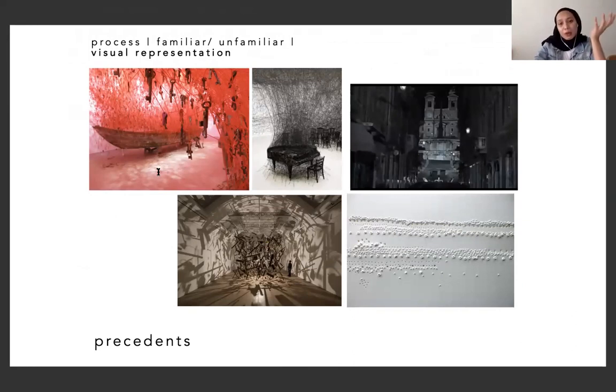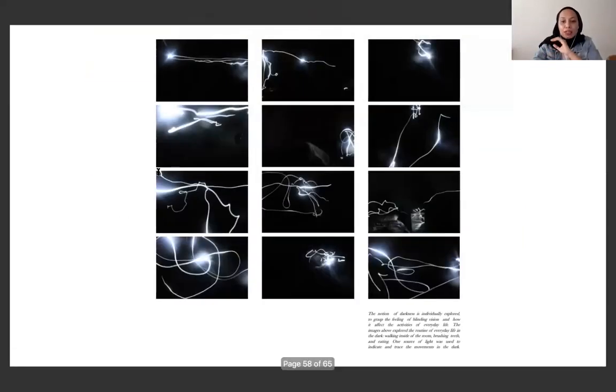So this is the continuation of our narrative to precedent study, and then we experiment on our own, meaning that when your house is in blackout, you start to take the torchlights, and then you explore the notion of darkness, we call it. So this is true. In the dark, we just play around with lights.